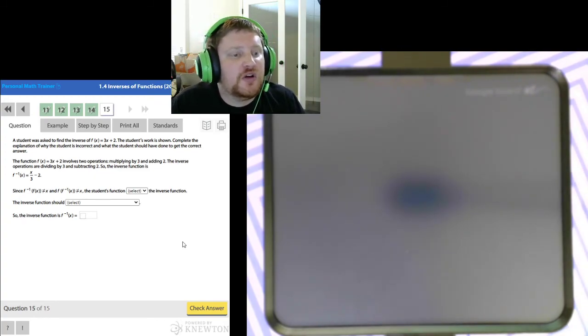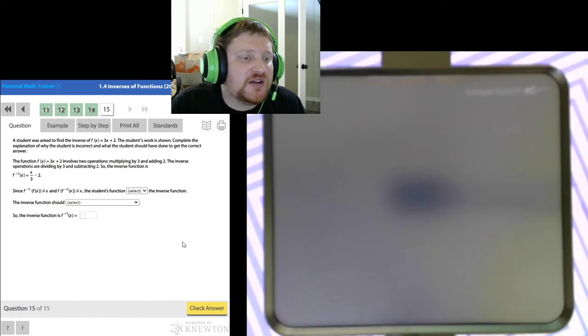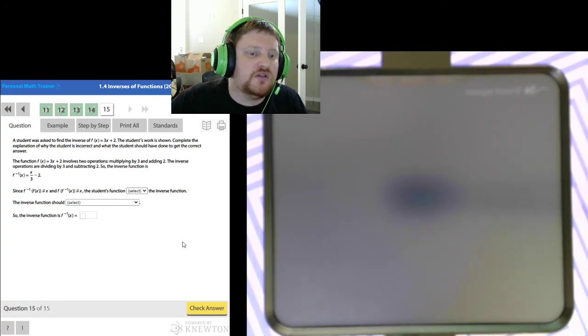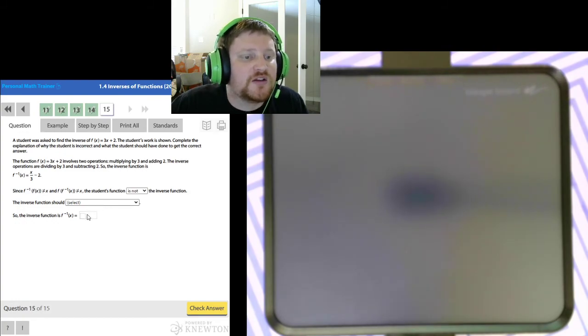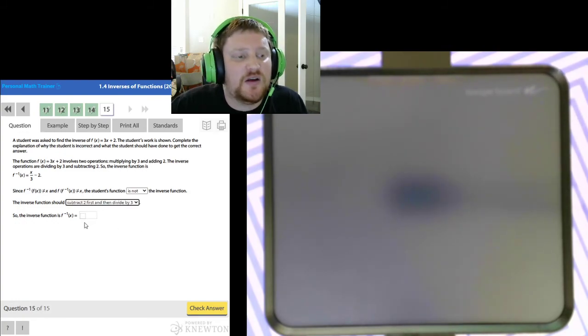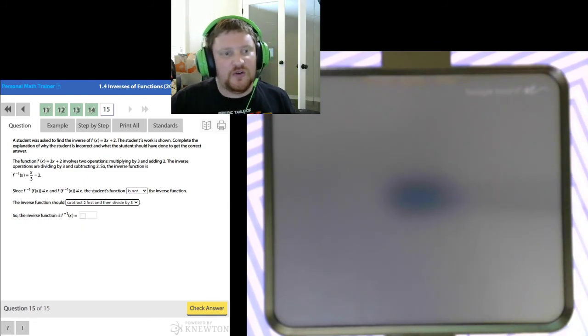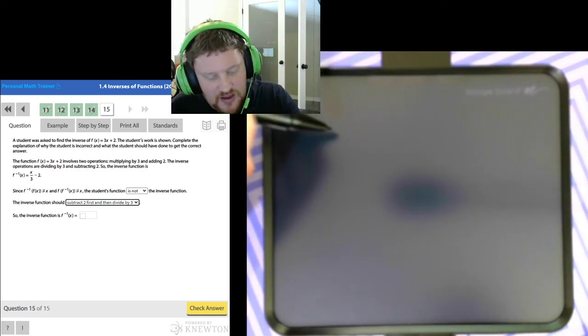So since f inverse of f of x does not equal x, the student's function is not the inverse function. The inverse function should subtract 2 first, then divide by 3, making the inverse function this. Let's go ahead and just do the math out.